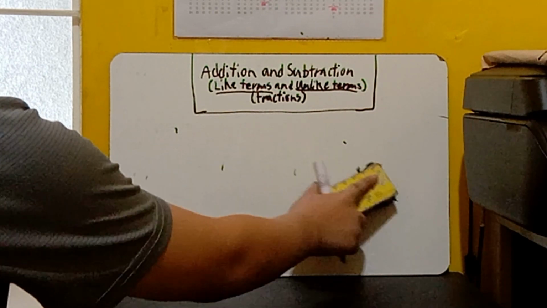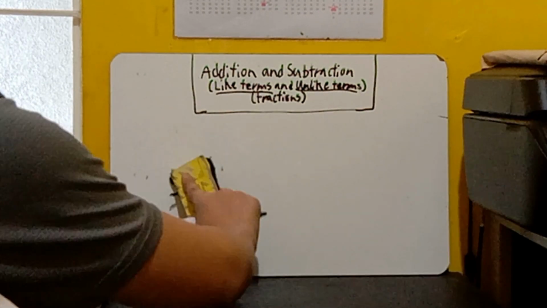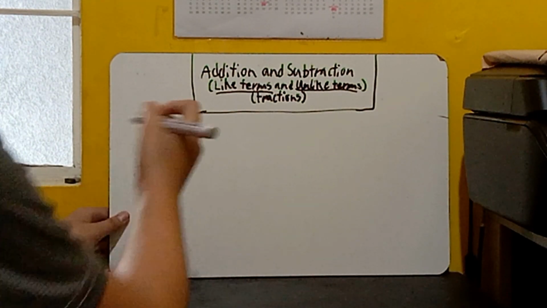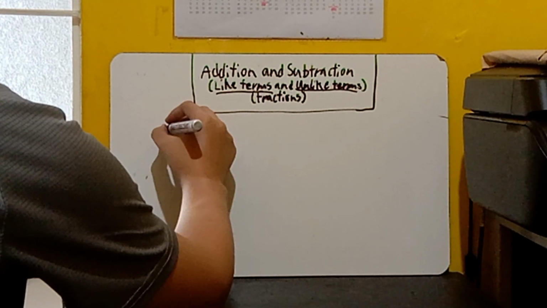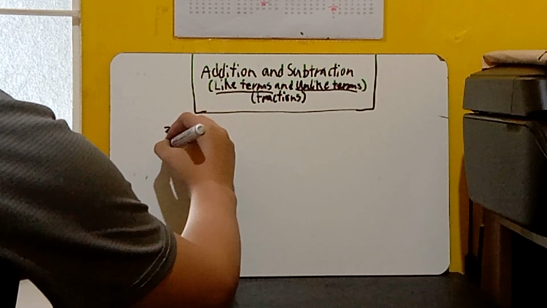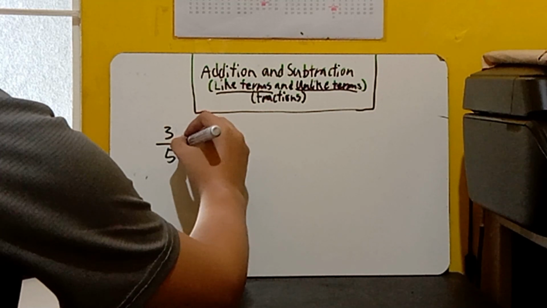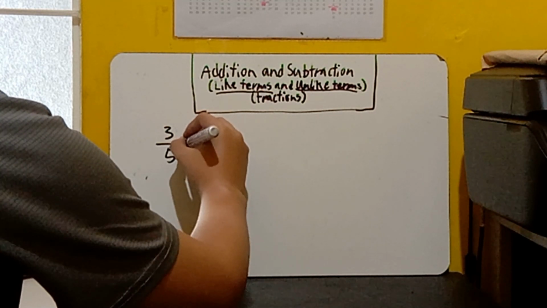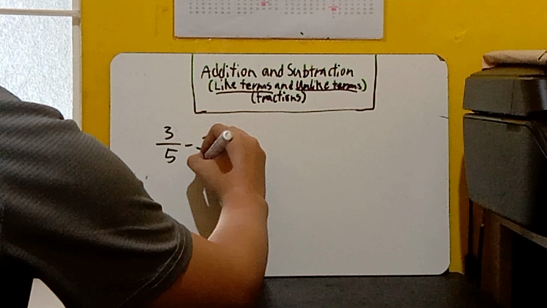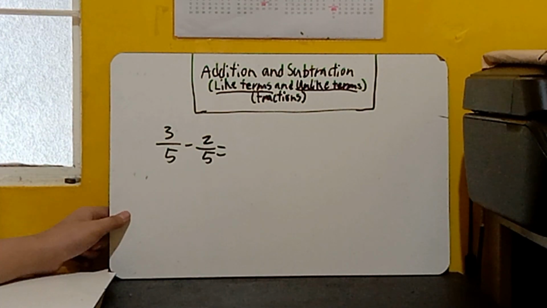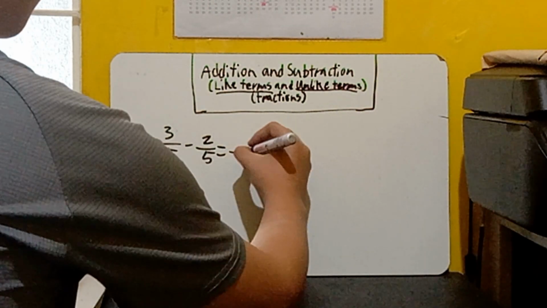Now, what about like terms of subtraction? Let me give you an example: 3/5 minus 2/5. To solve this, we copy the denominator.